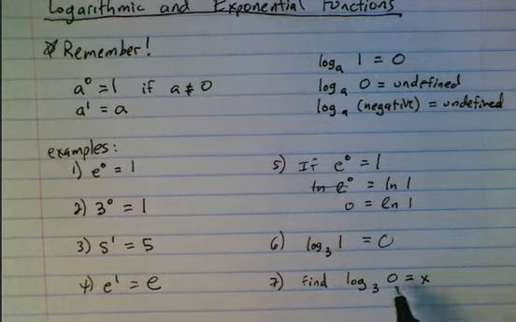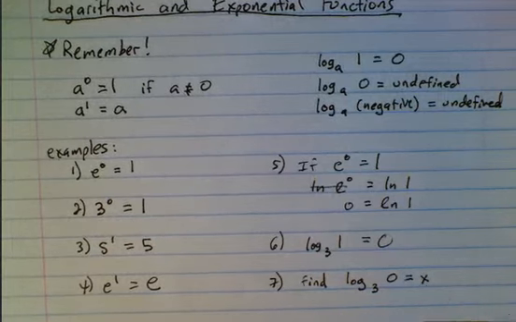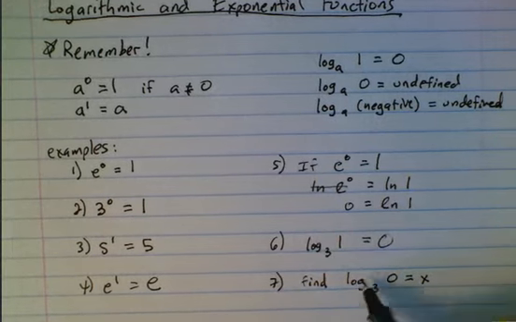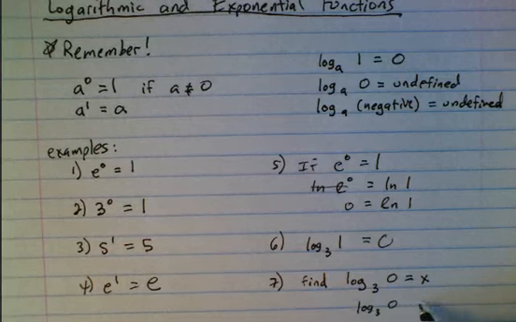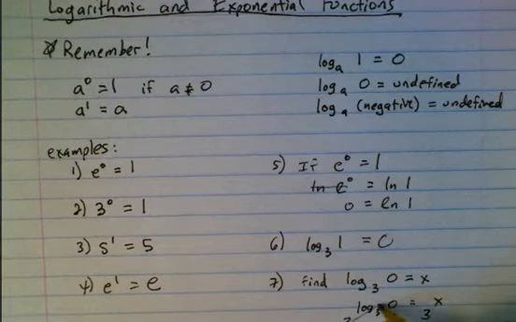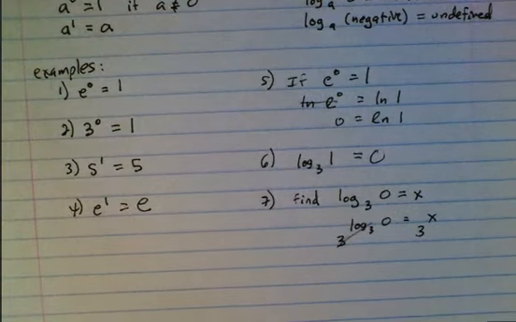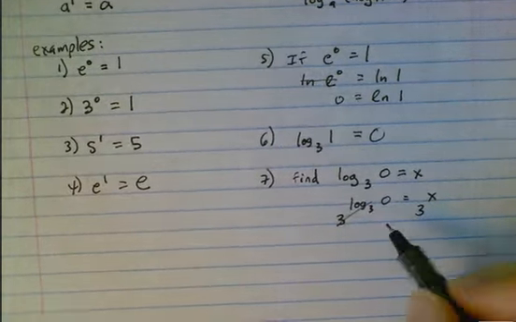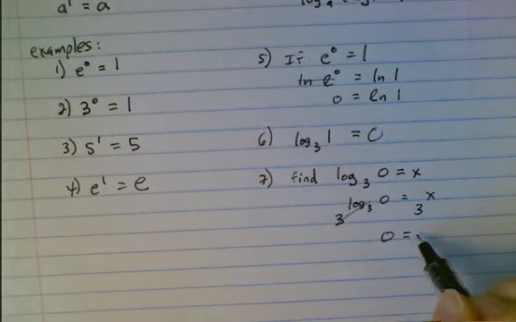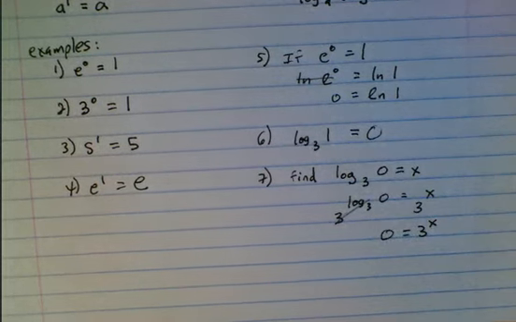Well, we might not know that off the top of our head, but where this rule comes from is that we can undo this log base 3 by doing 3 to the power of, log base 3 of 0 on both sides. These undo each other. Zero equals 3 to the x.